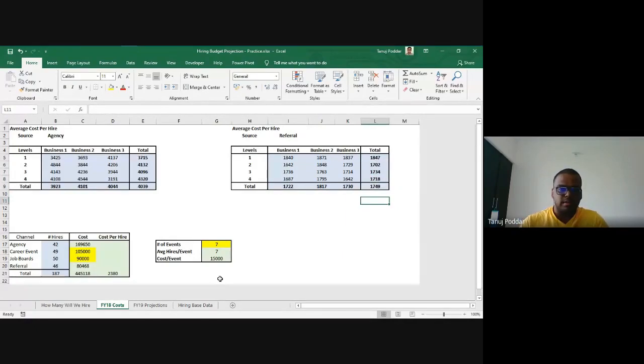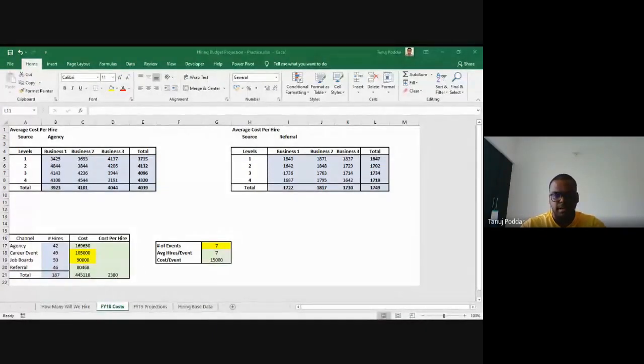I have covered simple ways in which the calculation happens, but in a realistic scenario there would be other variations which could get included, for which we probably need to tweak the formulas a bit, or make it a little more extensive in the way the calculations are done. So in case anything comes to your mind which you think can be discussed in this context, please feel free to either put it in the chat, or just unmute yourself and talk about it.